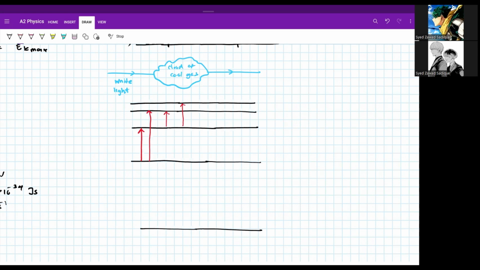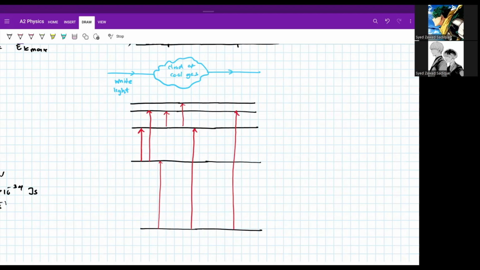So one goes here, and another one goes from here. My drawings are absolutely terrible. Why is it hard drawing arrows from bottom to top? And finally, one should be here.